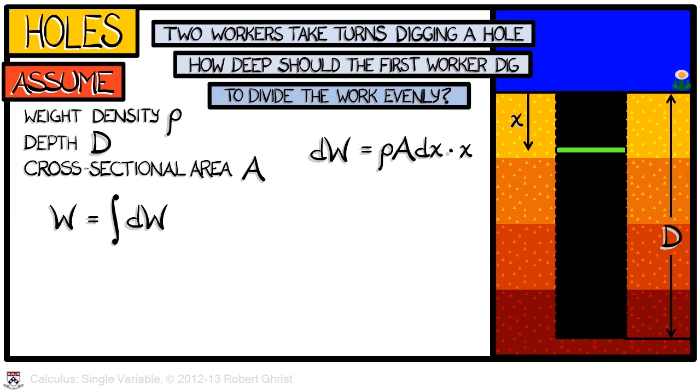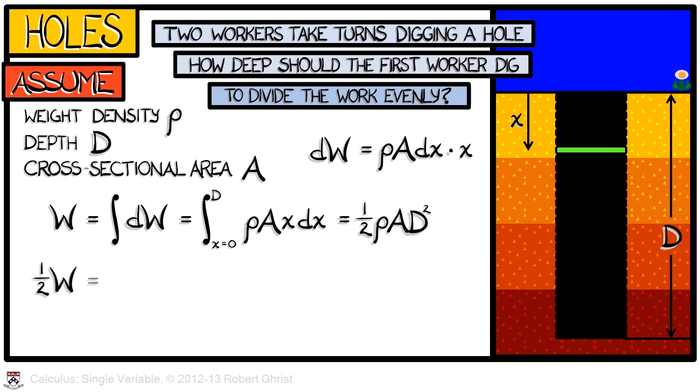Then, what is the work? The work is the integral of the work element. That is the integral of rho A x dx as x goes from 0 to D. This is easily integrated to 1/2 rho A D squared. That is the total amount of work to be done in digging the hole.